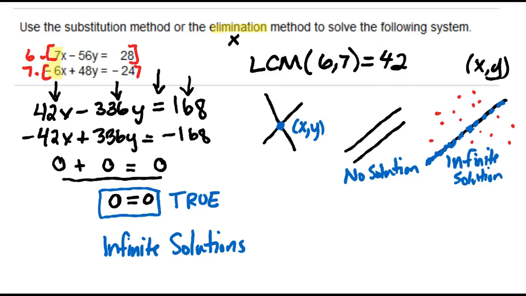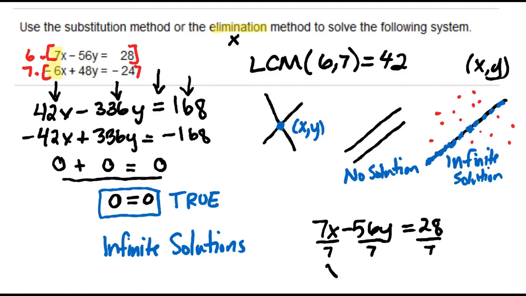So the way that we do that is we're going to take one of our equations. It doesn't matter which one. So I'll take the first equation, which is 7x minus 56y equals 28. I'm going to try to simplify it, and it looks like to me that all of these numbers are divisible by 7. So let me try to divide each term by 7.